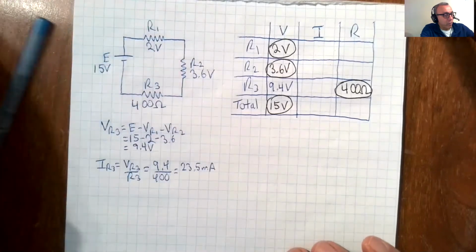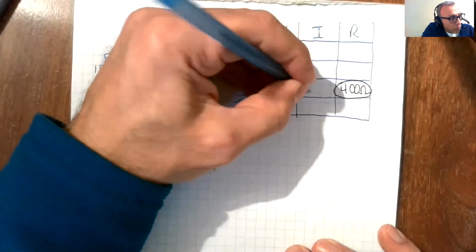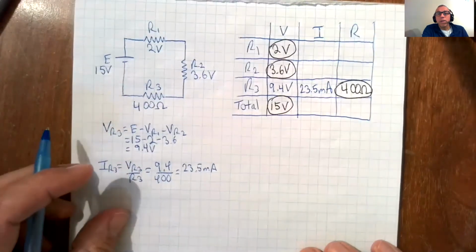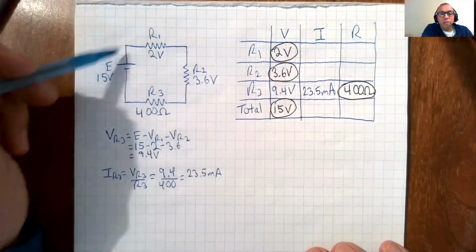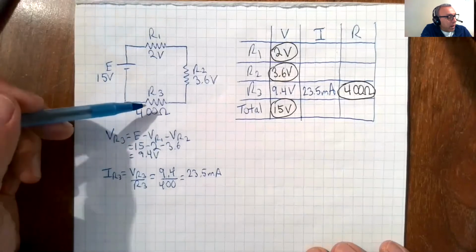That is our current. So let's plug that in here. 23.5 milliamps.